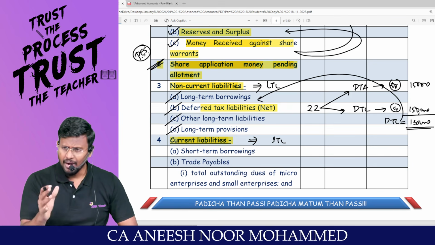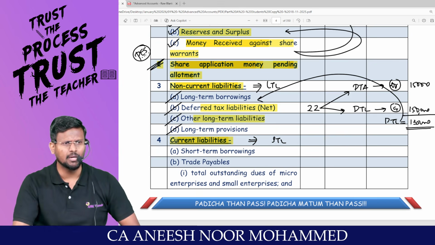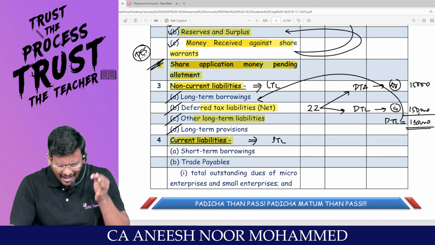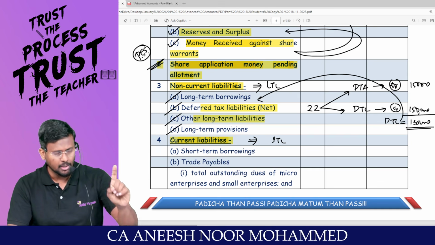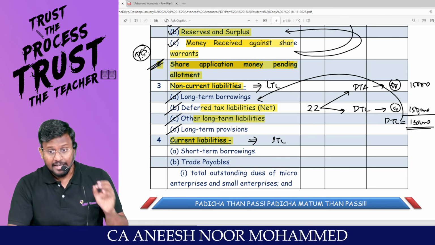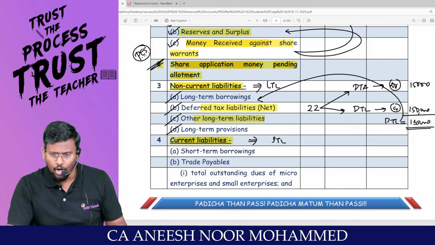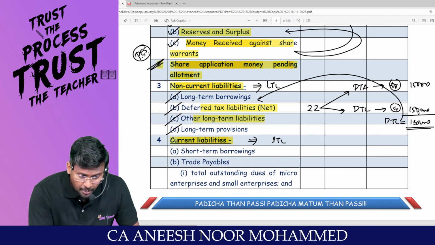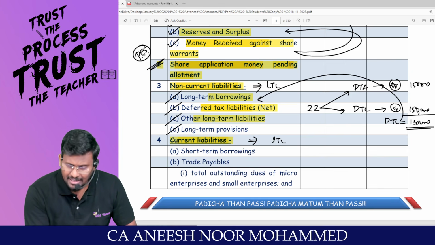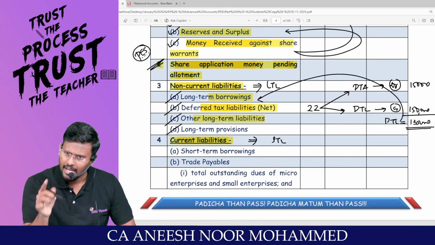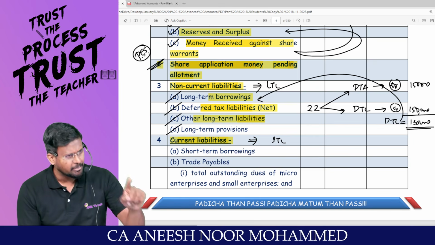Sometimes, part C, other long-term liabilities. Sir, under every category, what items will come, I will teach you. Don't worry at all. First one, long-term borrowings. Number 2, deferred tax liabilities net. Number 3, other long-term liabilities. Is borrowing a liability? Deferred tax liability is a liability. Long-term provision is a liability.